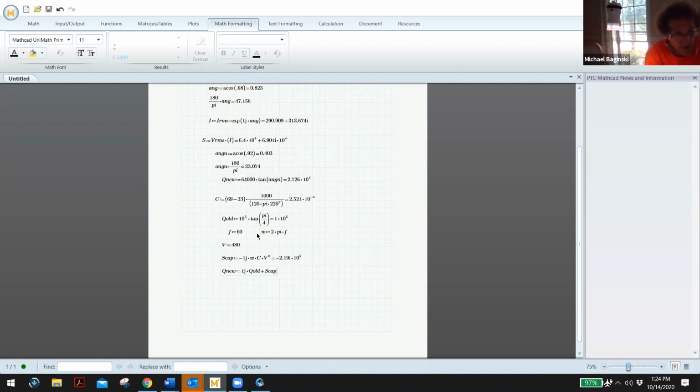Now, usually instead of S they'll have Q, but I'm putting an S there because it is a complex power. So the new value would be, wait a second.